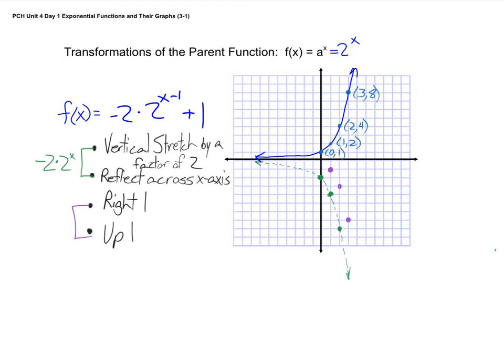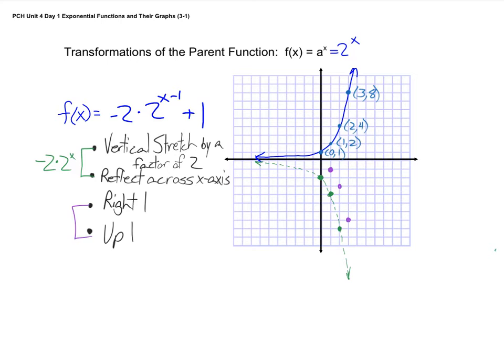What's a part of the graph that we don't really see? The asymptote. Where is our asymptote going to be? At y equals 1. Because remember, our whole graph is shifted up 1 unit.